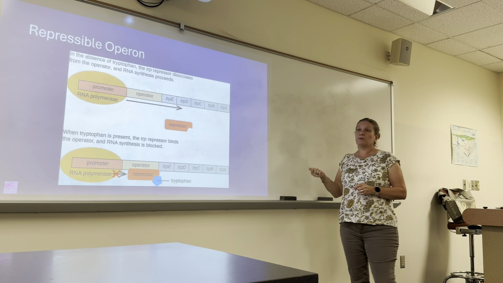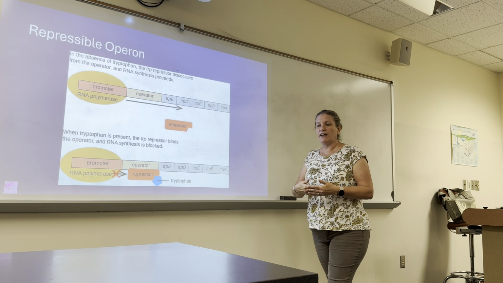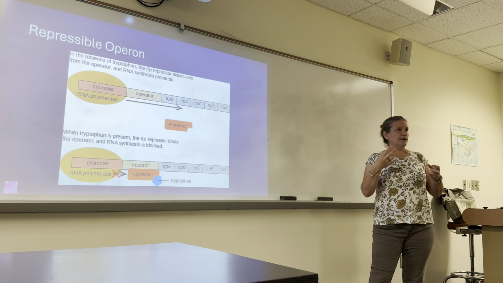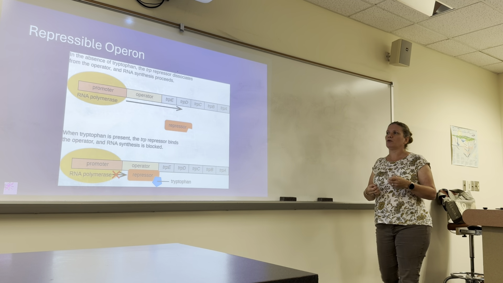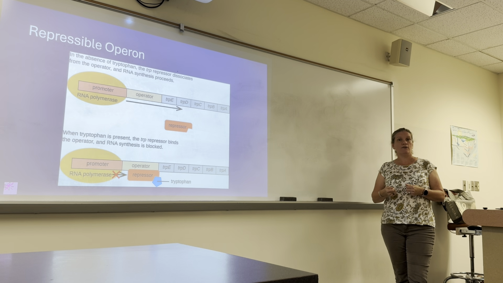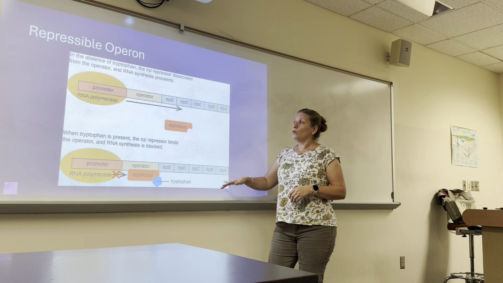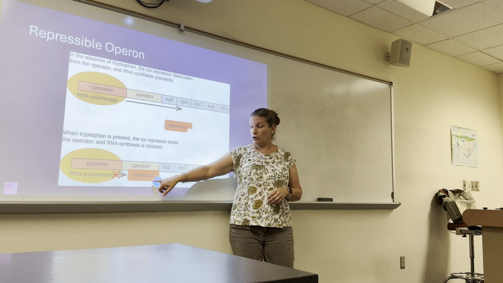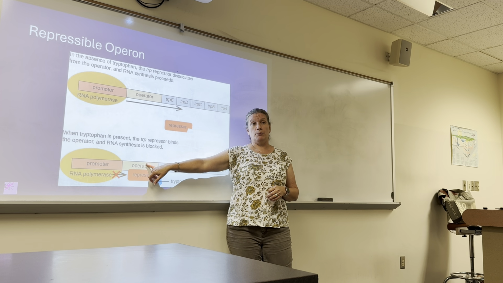Now, when the level of tryptophan increases in the cell, it's an amino acid, but it's not getting incorporated into whatever protein synthesis the cell is doing fast enough. So we're seeing a buildup of tryptophan. Well, tryptophan will interact with the repressor, and when it binds to an allosteric site, the repressor now can bind the operator.